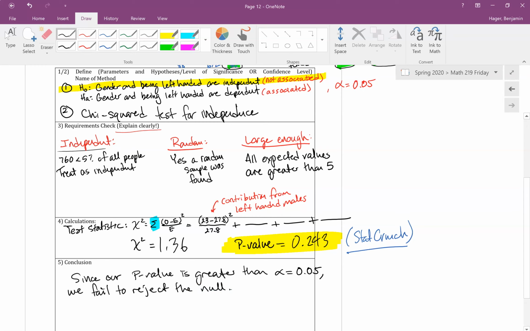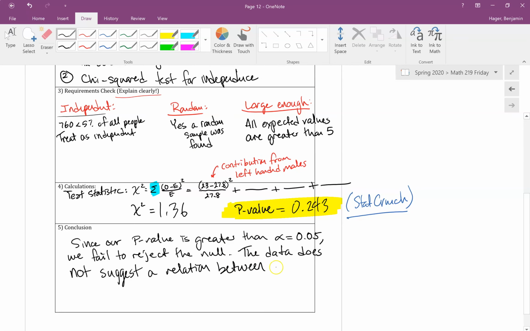In other words, it doesn't suggest that there is a link or an association between your gender and whether or not you're left-handed. It does not suggest a relation between your gender and being left-handed.